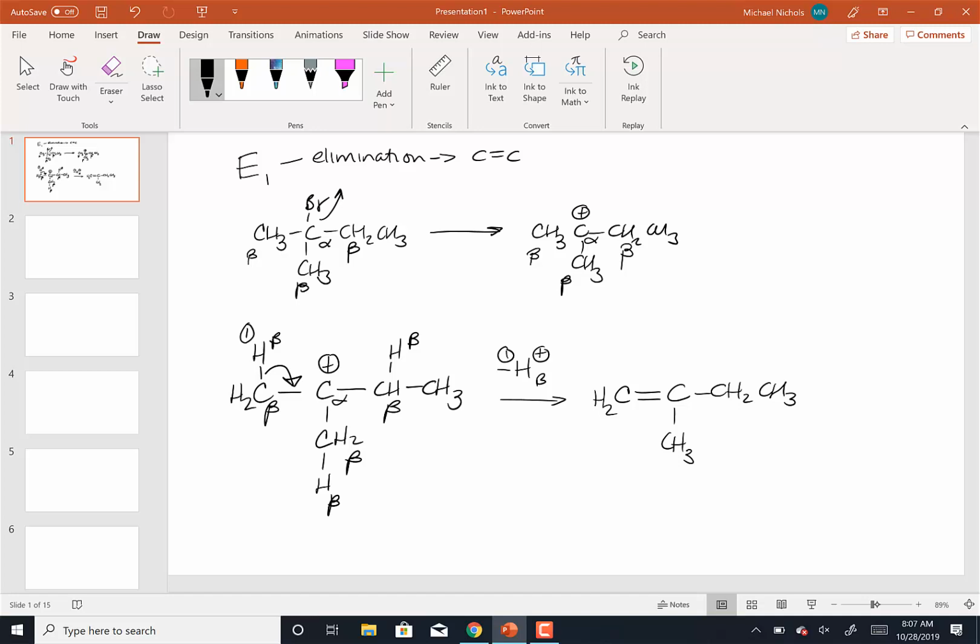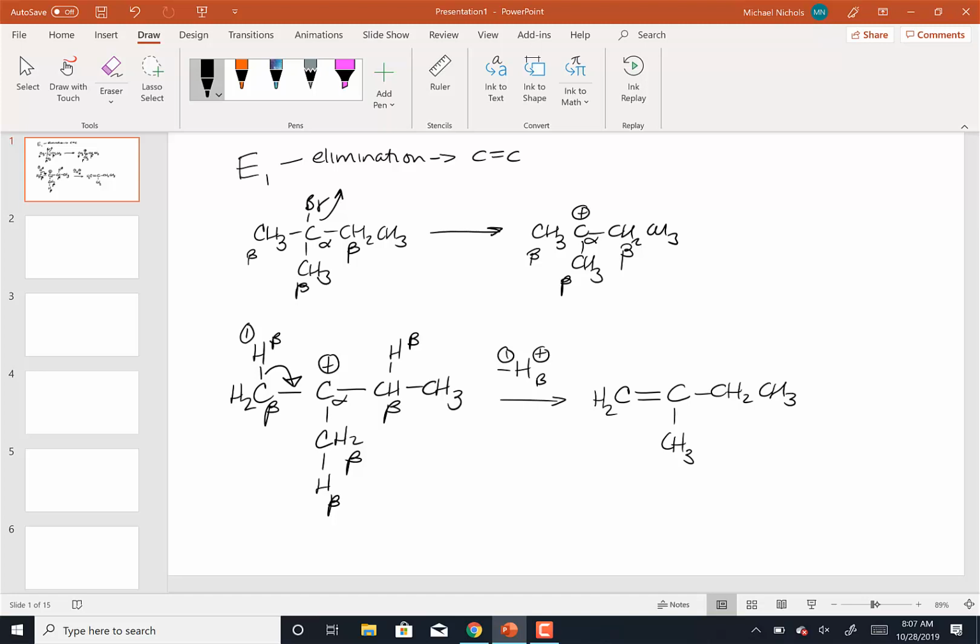And what we always do is we always form a double bond between the alpha carbon and the beta carbon. That's how it is always formed. Okay. So this is one of the possible products if I was to lose beta hydrogen 1. Is everybody with me? Because if you're not, you have to say something. So that would be one possible product.